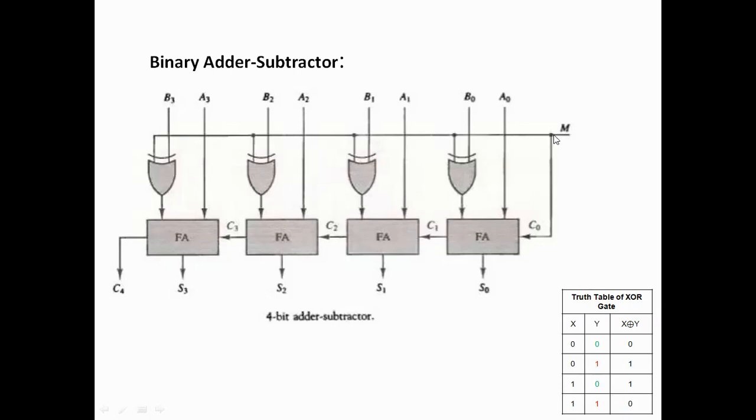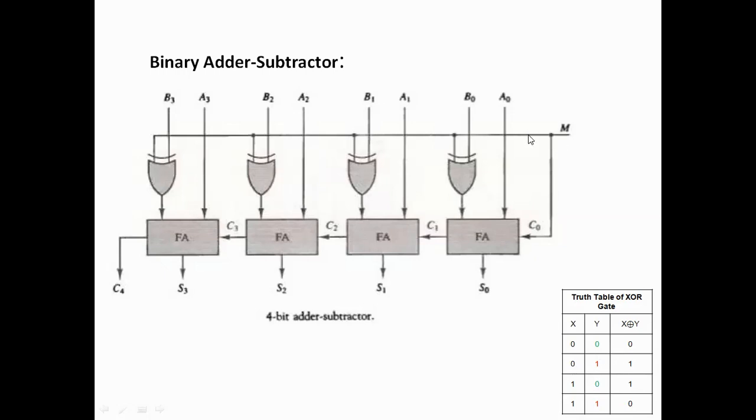Whenever this line is 0, the output of this XOR will be same as B. So if we put this as 0, this will be B0, this will be B1, and so on. If we put this as 1, this will be B0 bar, because whenever Y is 1, X gets inverted.